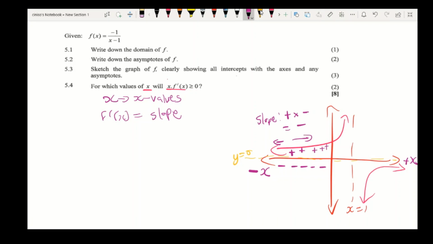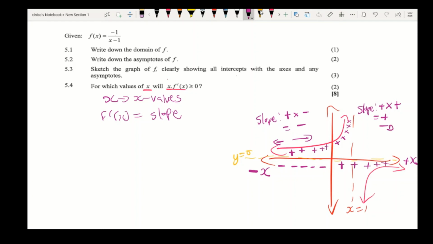Looking at the other side, the positive side of the x-axis, we know that x here is positive, and we know that the slope is positive as it increases. So the slope, which is positive, multiplied by the positive x values will give you positive solutions.